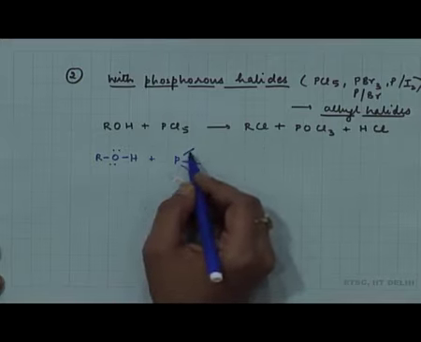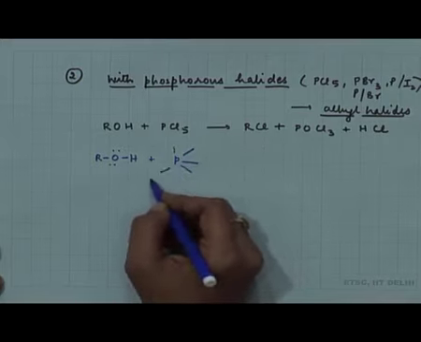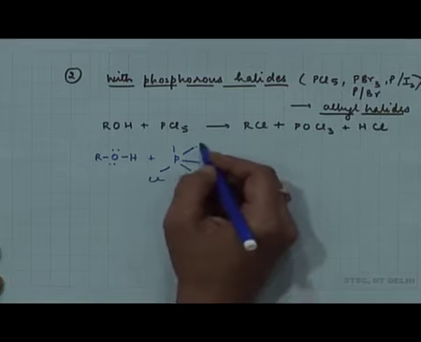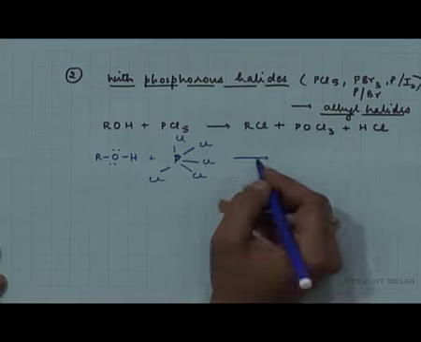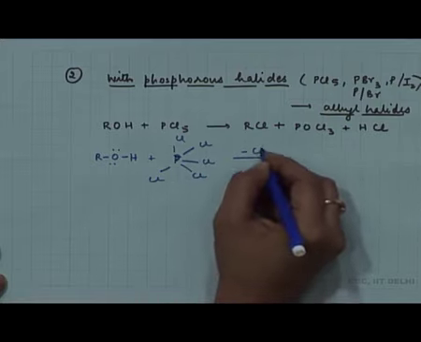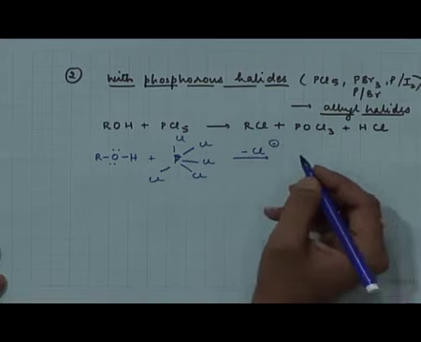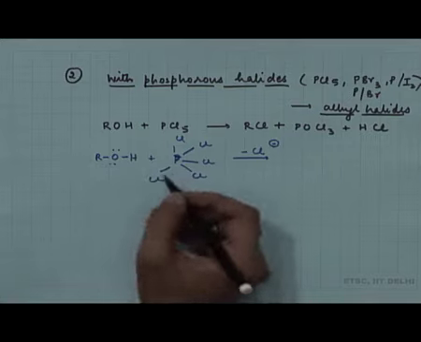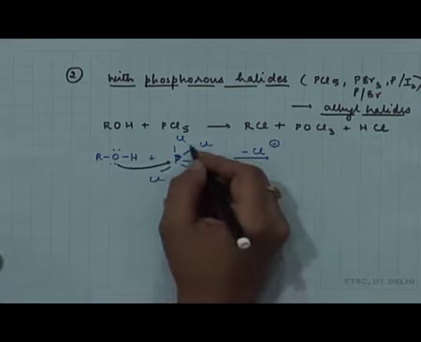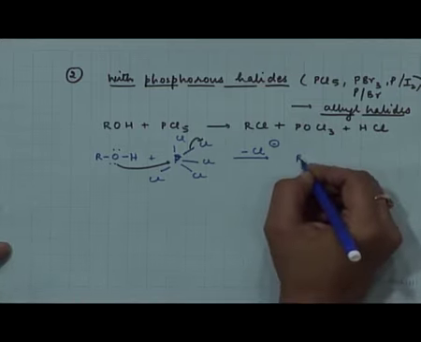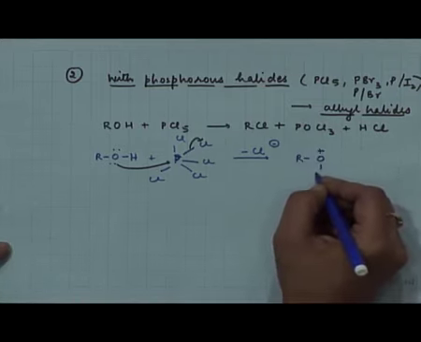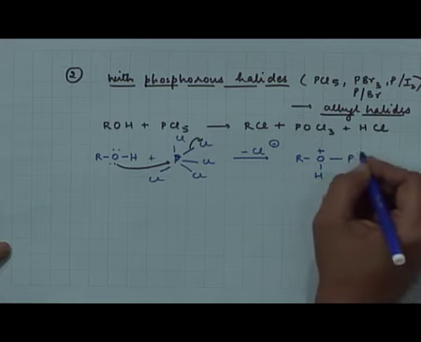If you have 5 chlorines attached to phosphorus in PCl5, the first step is loss of one of the chlorides here, and what you get as a result is this intermediate.